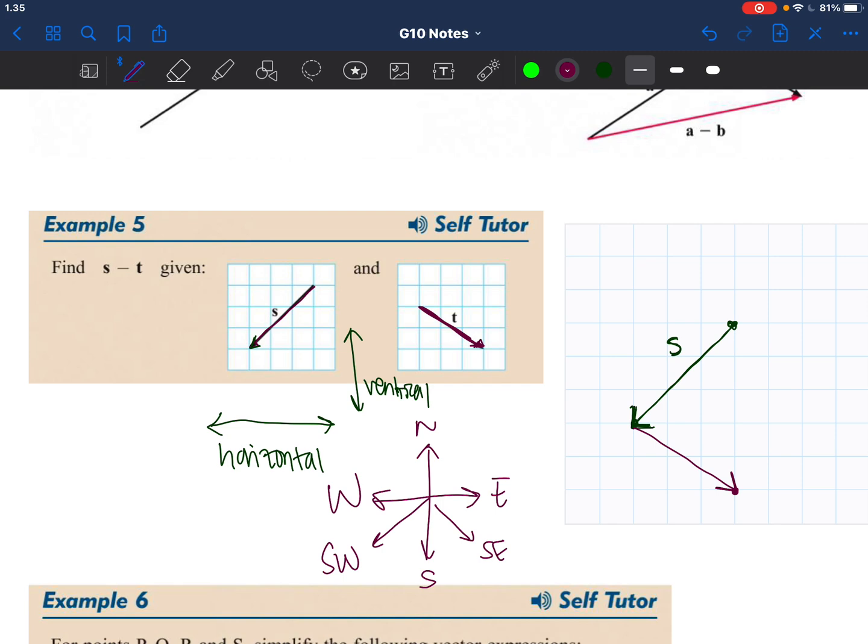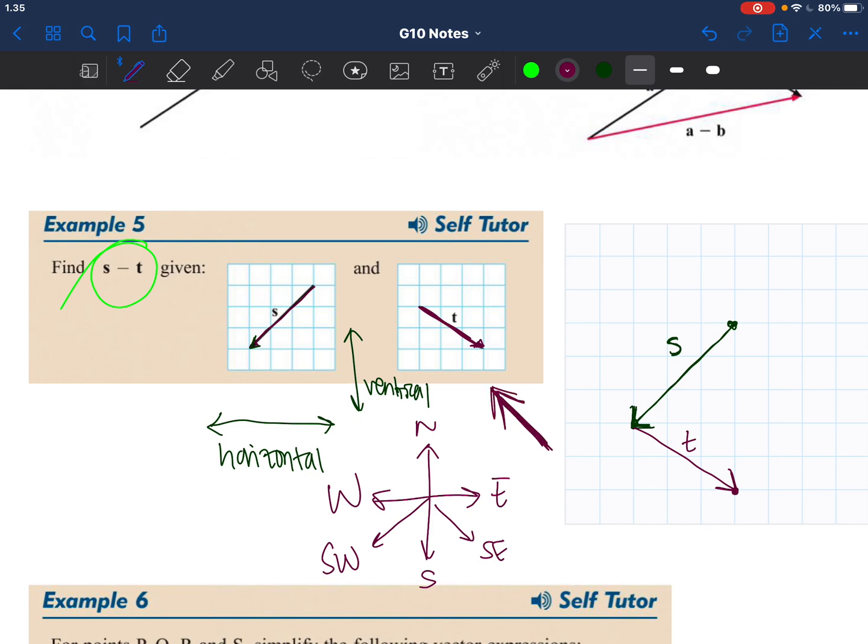So this is T, right? From the previous subchapter, this would be S plus T. But this example here is asking us S minus T. So that means we need to do the opposite direction so we can have the negative of T. So again, that would mean it would go this way.